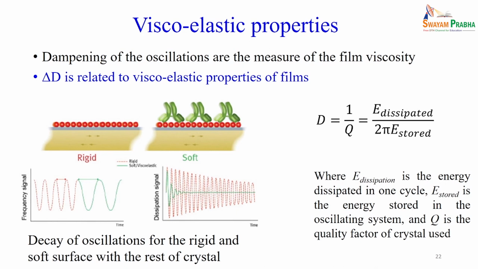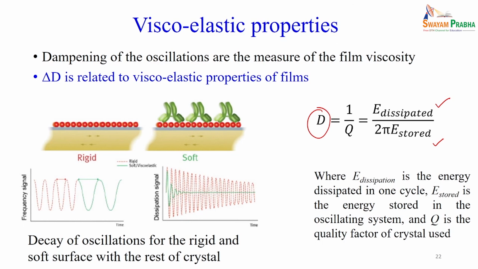As I told, it directly or parallelly monitors the dissipation factor. The dissipation factor is defined as the ratio of energy dissipated divided by the energy stored, and that ratio indicates whether it is a rigid layer or a soft layer. In case of a rigid layer, the decay of the oscillation is different as compared to the soft layer.